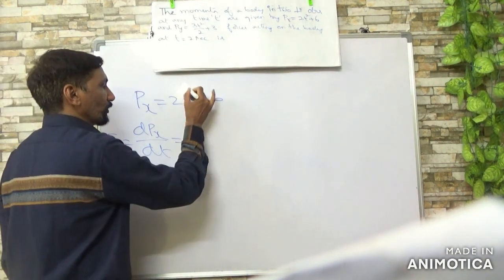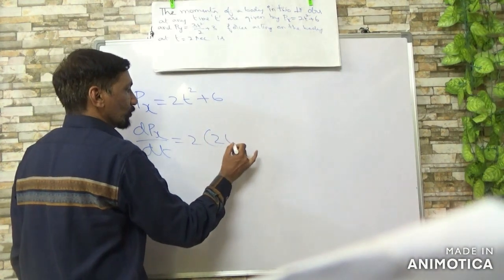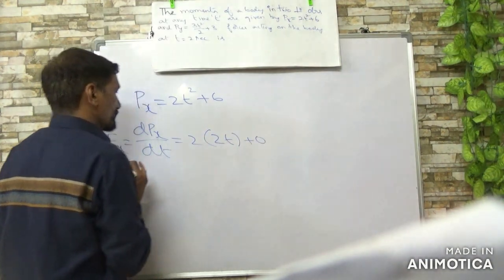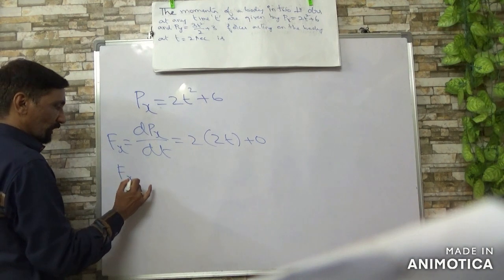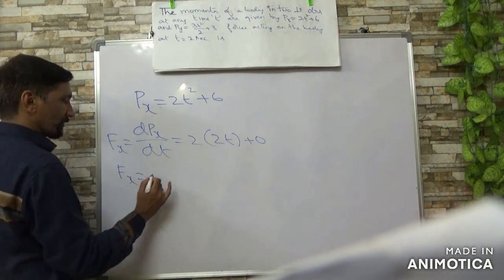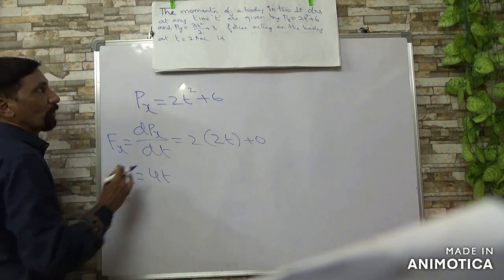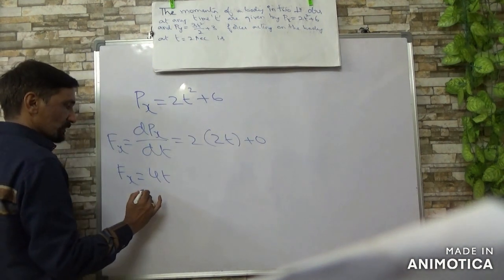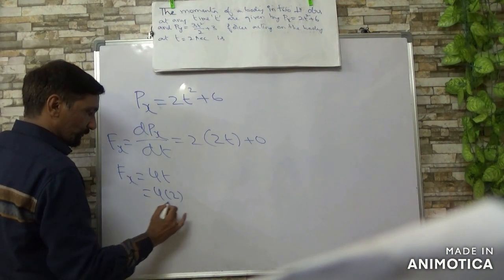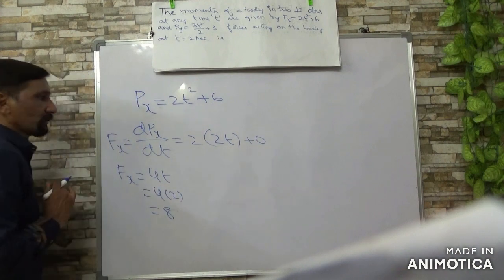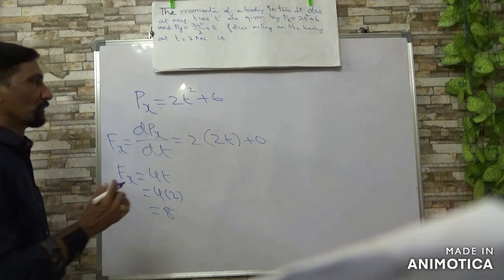So 2 into the differential value of t square, 2t, plus constant 0. So force along x direction is 4t. You want it after 2 seconds, so substitute. So this is in x direction.